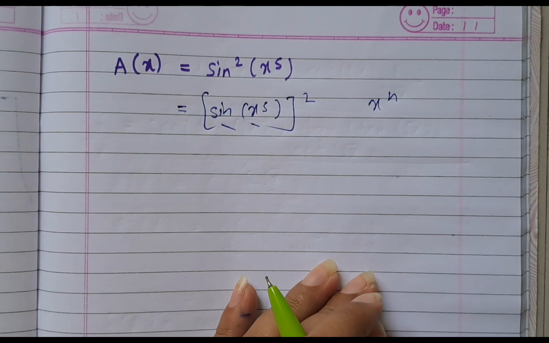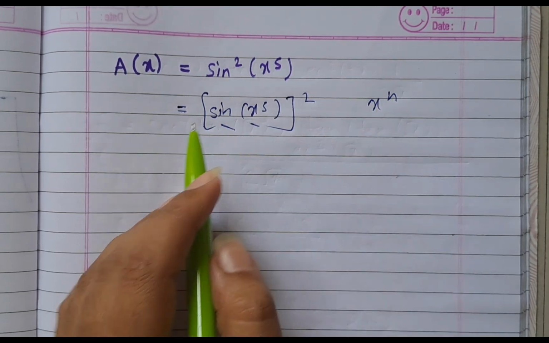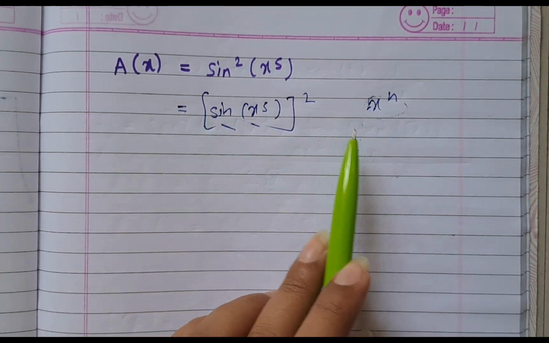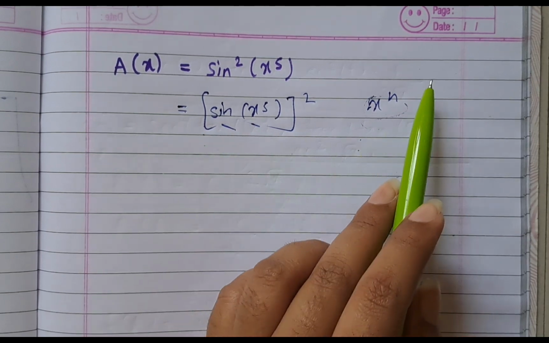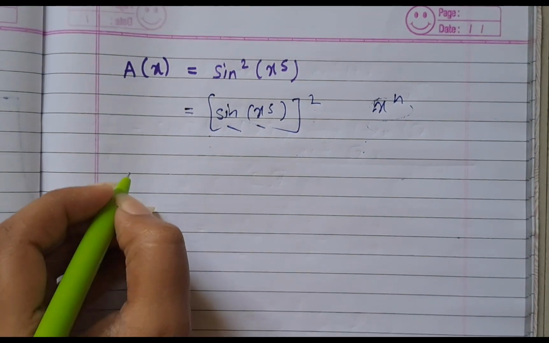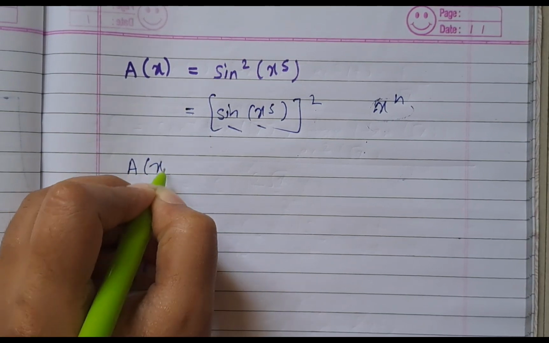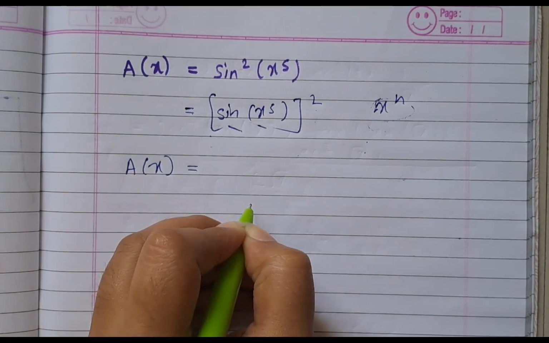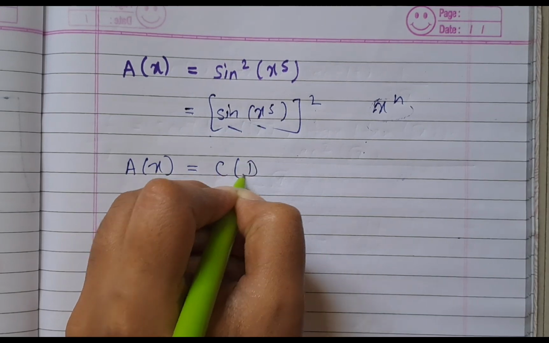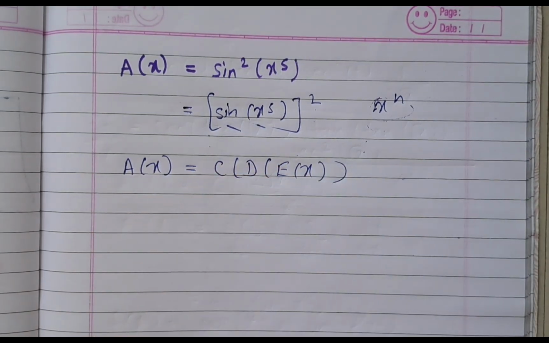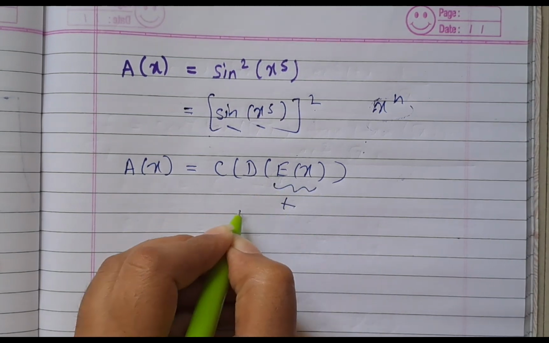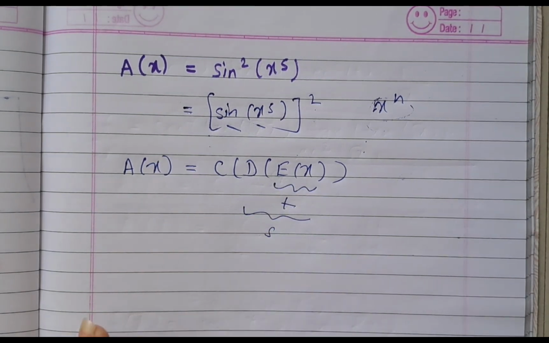Here x is a function, which is sin of x raised to 5, and n is 2. So we can write a of x is equal to c of d of e of x, a combination of three functions. So e of x will be t, d of t will be s.